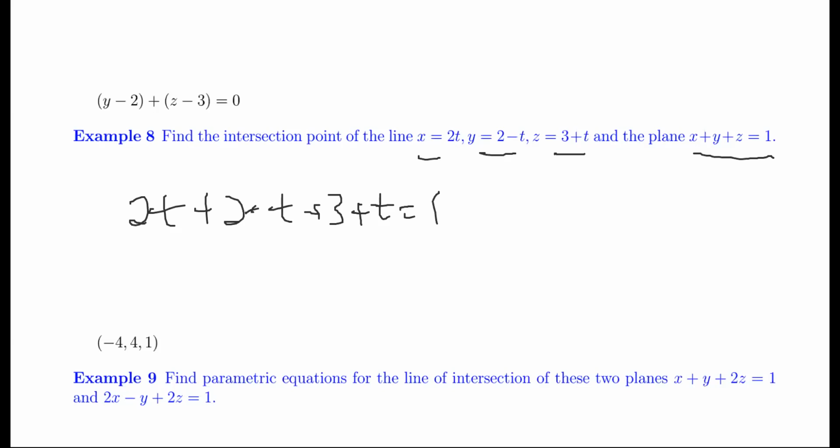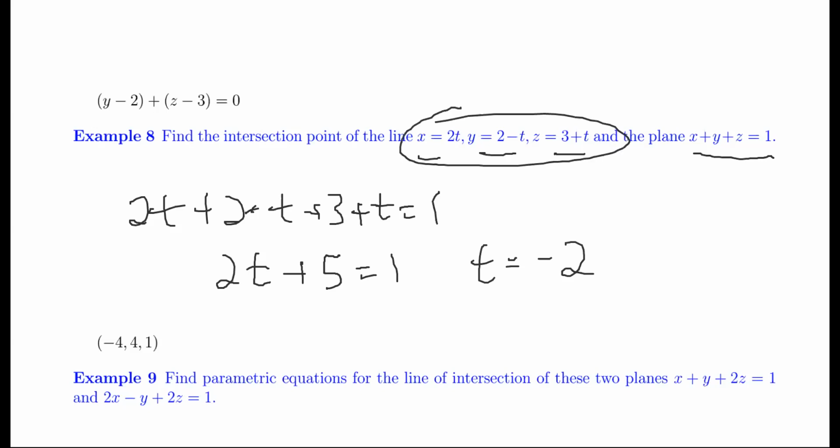So this is 2t minus t is 1t plus t is 2t plus 5 is equal to 1. So t is equal to -2 here. If t is equal to -2, then we can just plug that into these equations here.